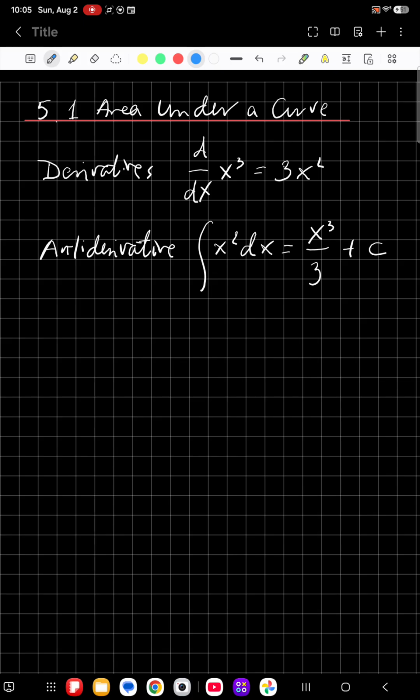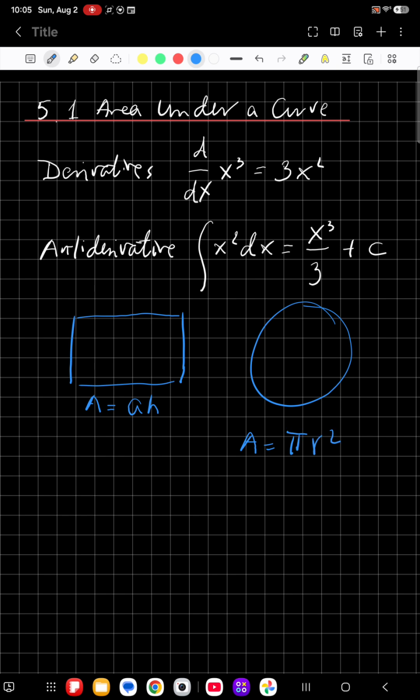The second thing: in geometry or in mathematics, we've seen calculating areas of simple shapes. For a rectangle, the area would be base times height. For a circle, the area would be pi times r squared.